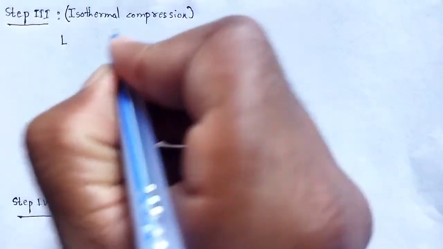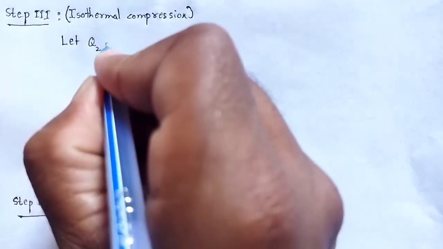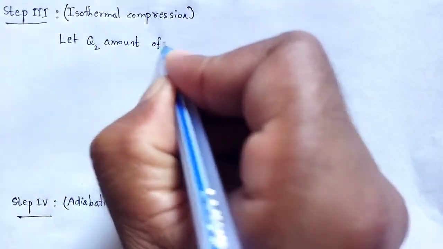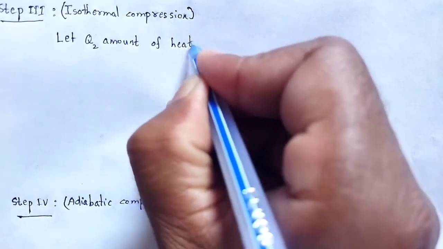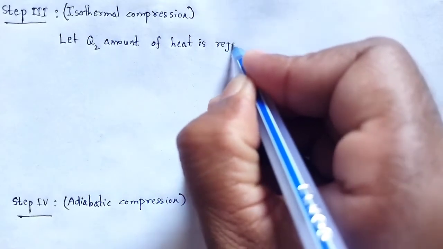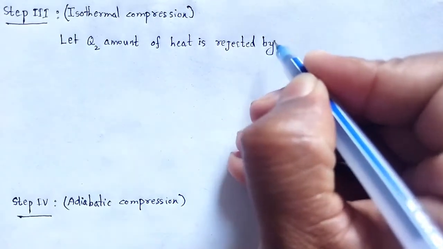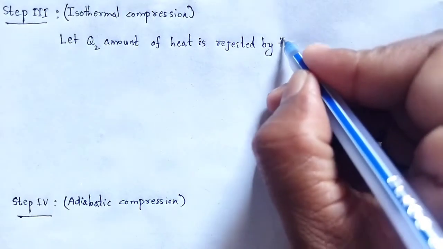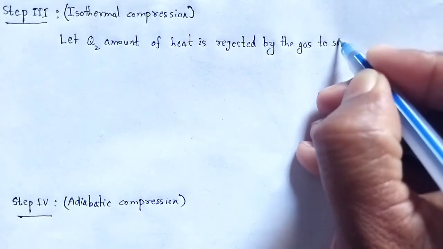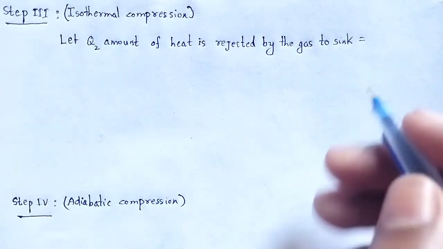Let in the isothermal compression, Q2 amount of heat is rejected by the gas to the sink, and which is equal to the work done on the gas.